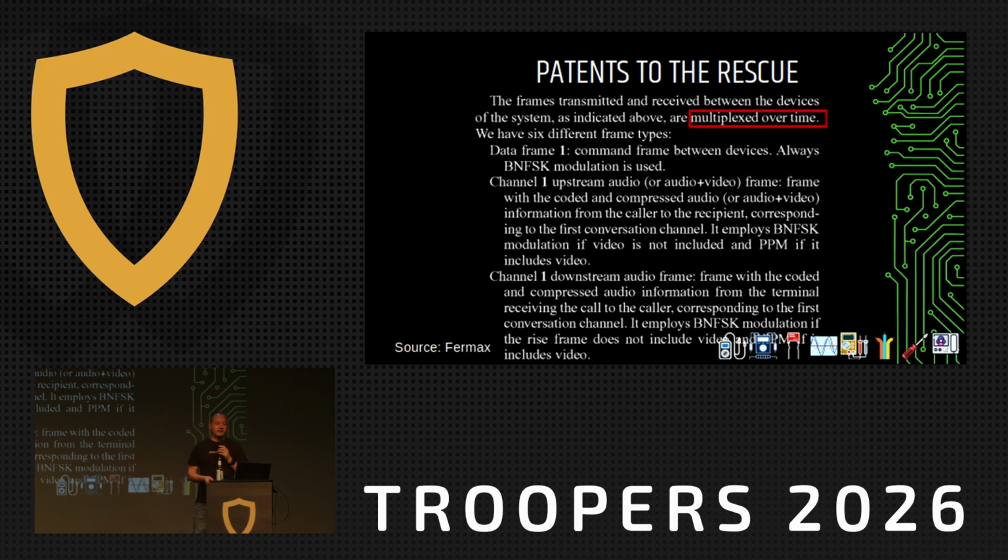So what we can see here is multiplexed over time. That means it's TDM, time division multiplexing, right? It uses binary narrow frequency shift keying, so FSK, just very small, very narrow frequency bands. And it can also use pulse position modulation if you're transmitting video, which the device in question that I reverse engineered doesn't have support for, so it's just FSK, which makes it much, much simpler.